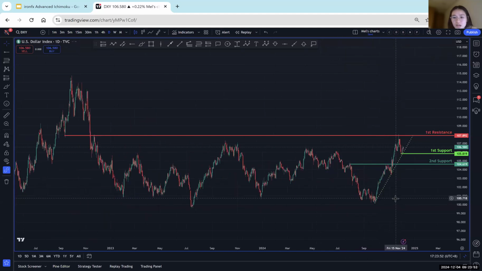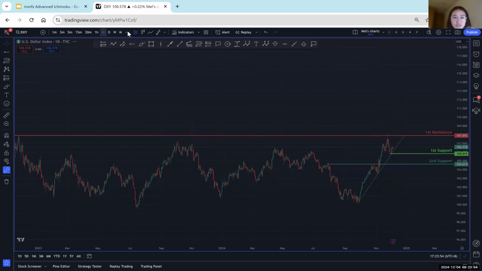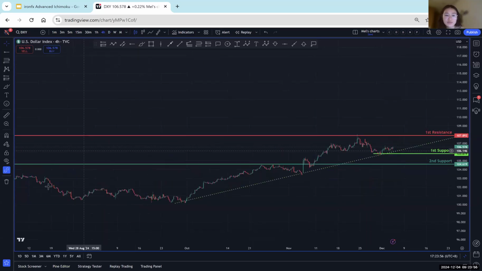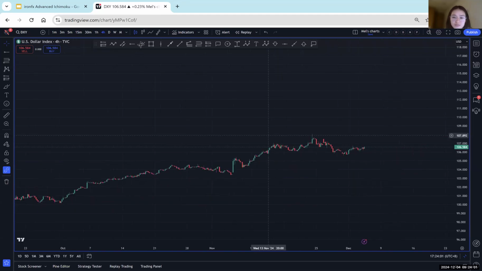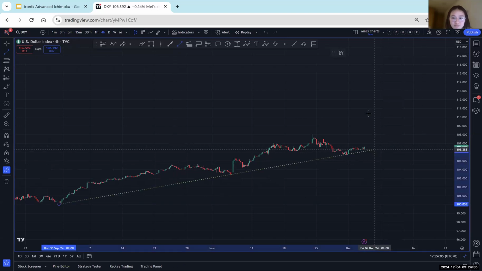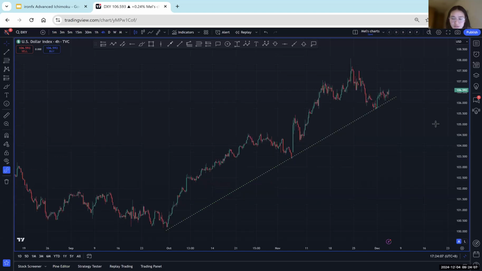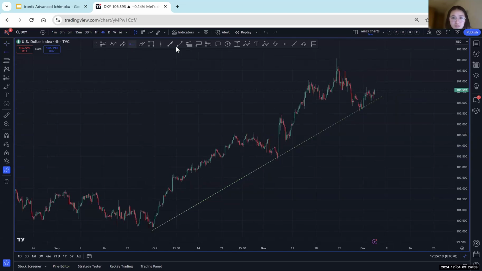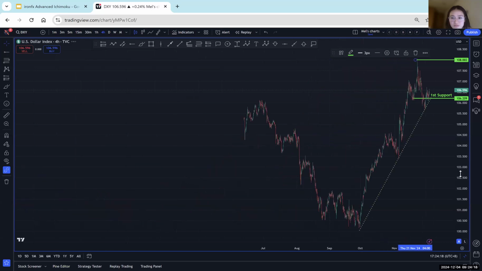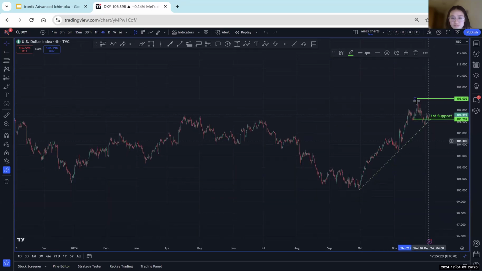Okay. Yeah, so now I want to zoom into the shorter time frames and take a look at our 4-hour time frame instead. So earlier we saw this ascending trend line, okay, and that's still applicable on our shorter time frame. So my first support maybe here, and my first resistance up here at this swing high.